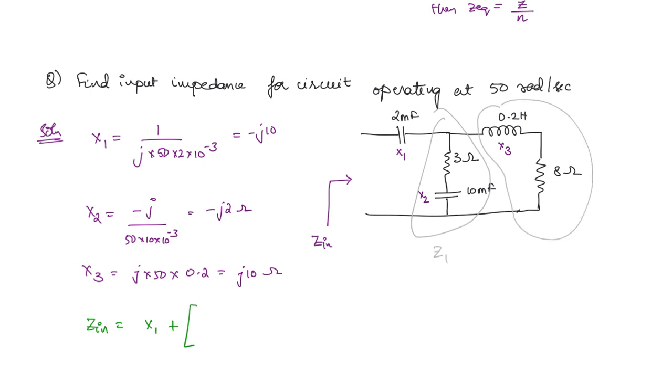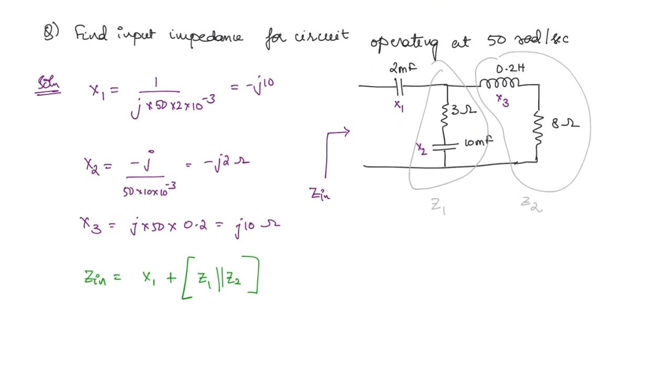And this entire combination we will take as Z2. Okay. So then what will be here? X1 plus Z1 parallel to Z2. Okay. So first we can find out Z1, then we can find Z2.